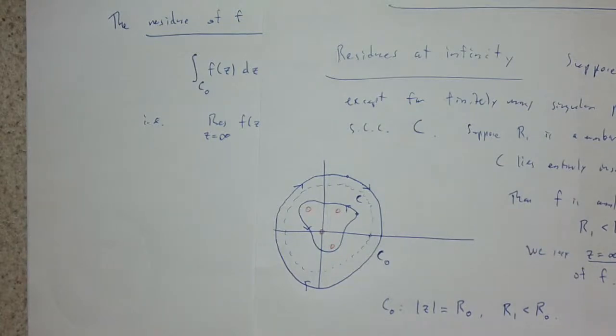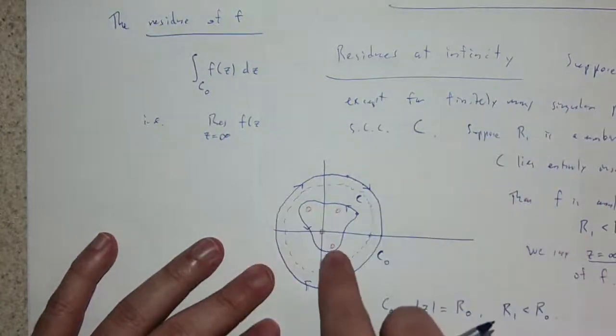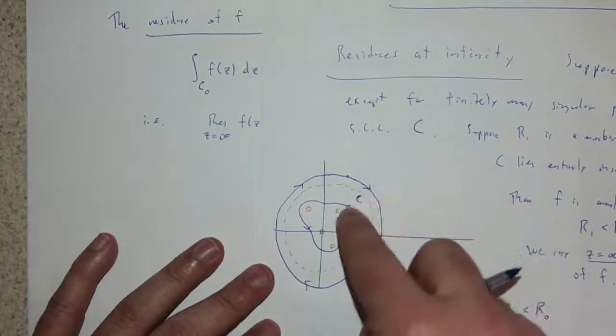Well, how do these two relate? Well, we know that our function f is actually analytic everywhere on the plane except at these points that I've indicated, and of course the point at infinity. And so I could actually continuously deform this curve C0 to this curve C, because f is analytic everywhere in between. So by the principle of deformation, these two integrals would match up, except the orientations are reversed.